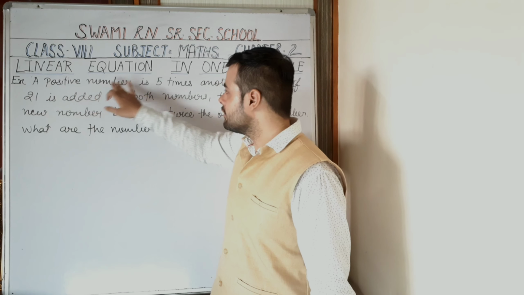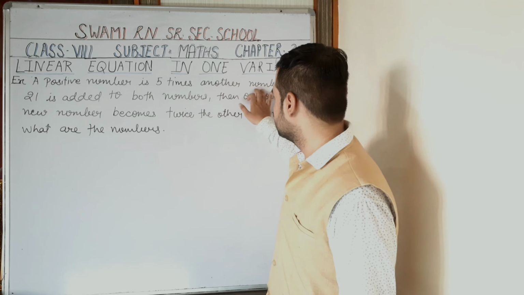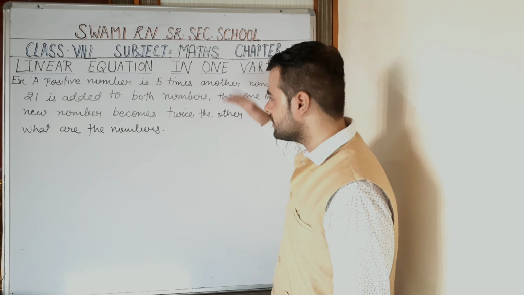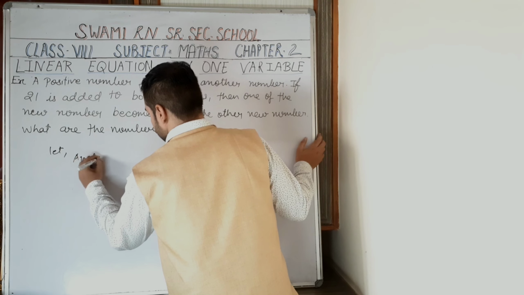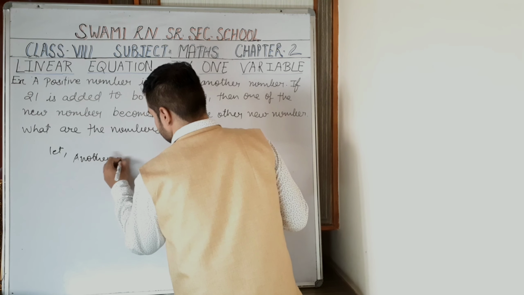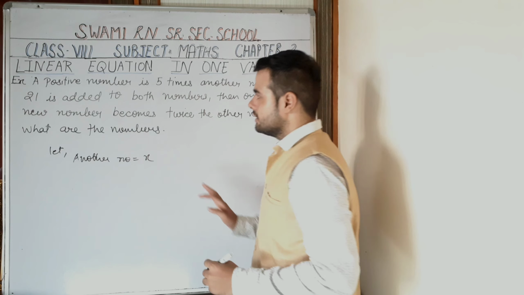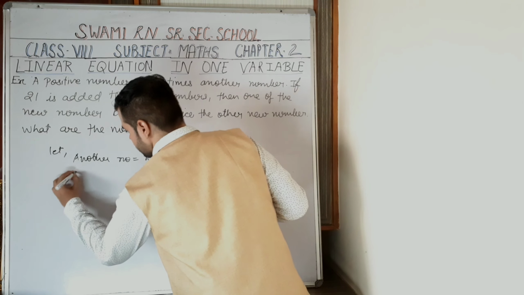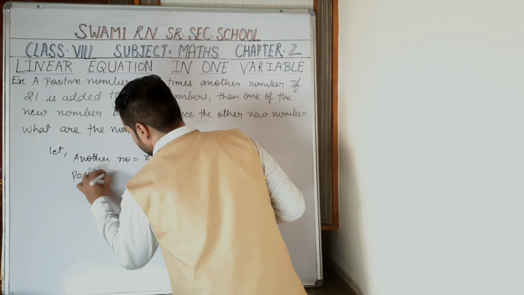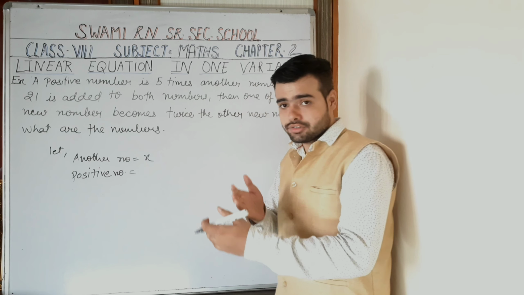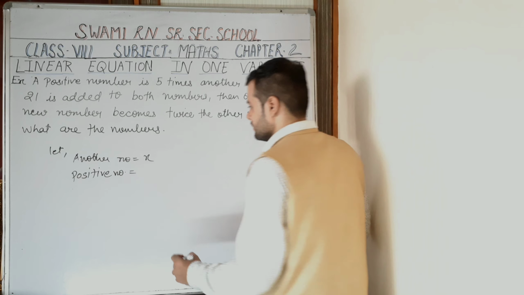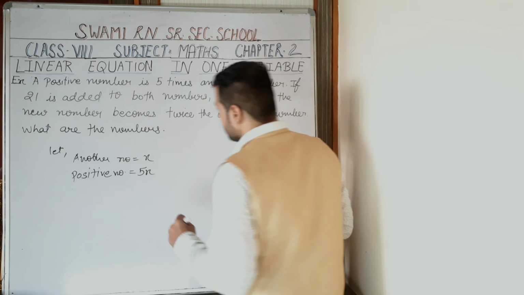Okay students, a positive number is 5 times another number, means another number is given to us. So let me take the other number equal to x, and the positive number equal to 5x, because the positive number is 5 times the other number.